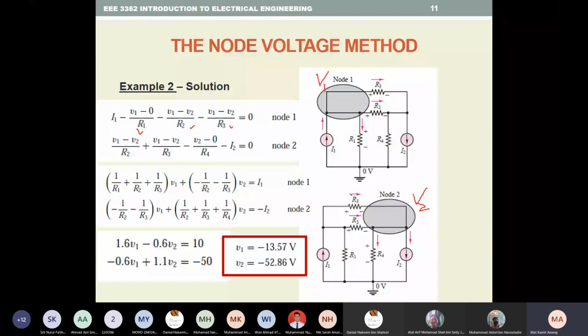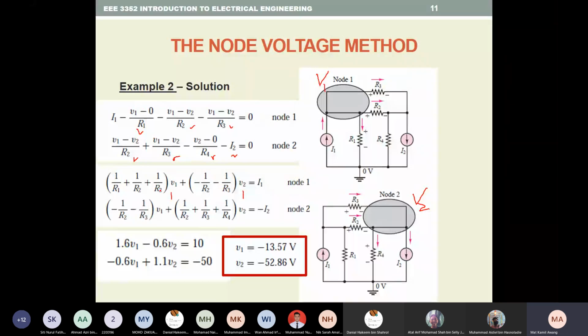So we have V1 minus V2 over R2, this is IR2, and V1 minus V2 over R3, this is IR3, and V2 minus 0 divided by R4, this is IR4, and minus I2 going out. So we have this equation. You rearrange the equation so that it's written in the form of V1 and V2.